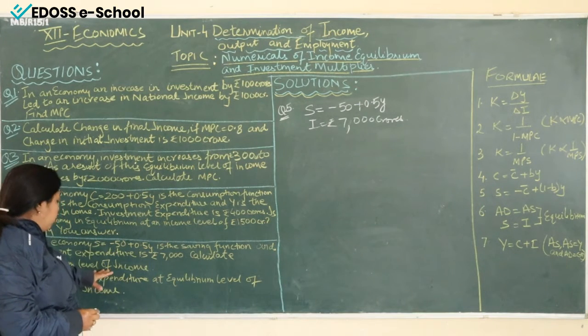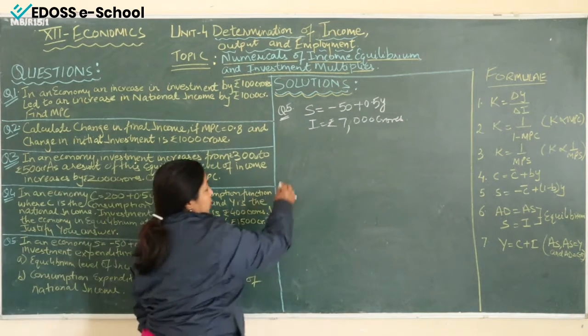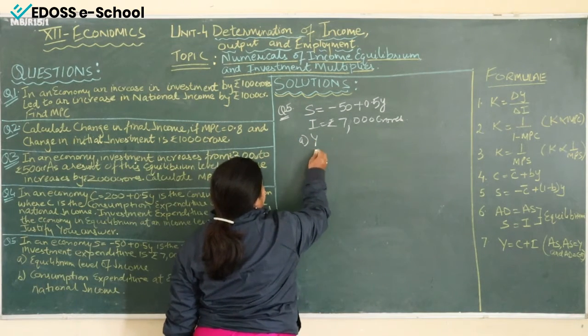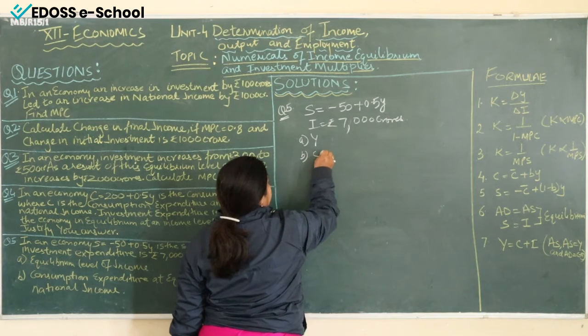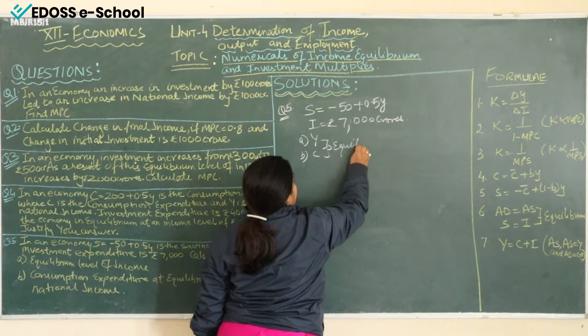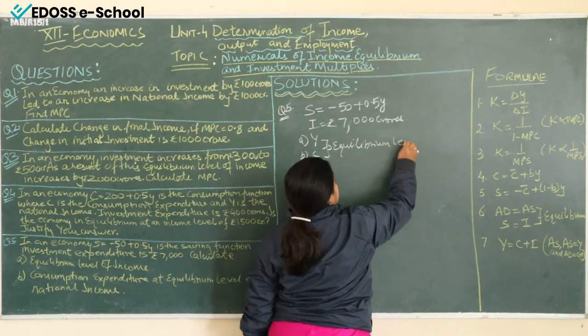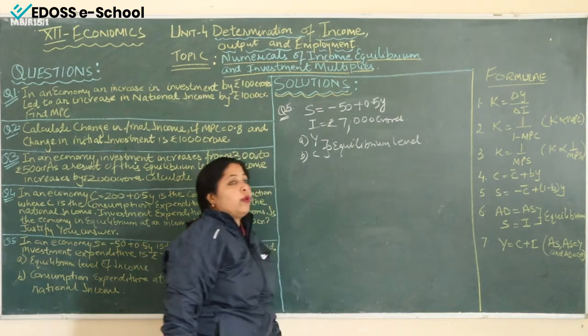We have to find out Y and we have to find out C, both at equilibrium level. So A part we find Y and B part we find C. So this is the question now.